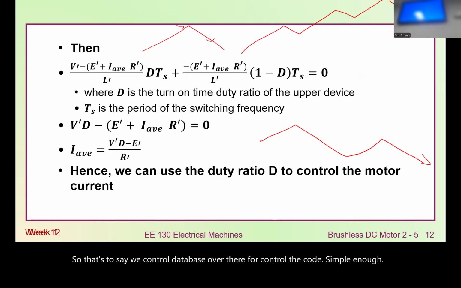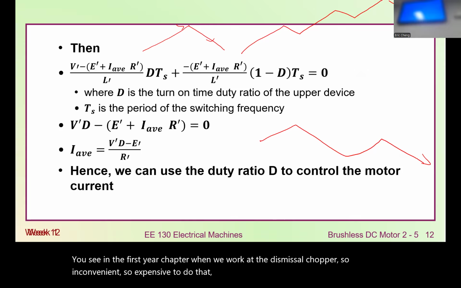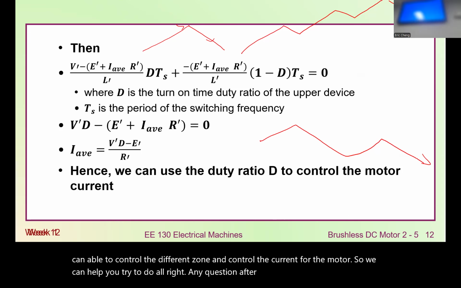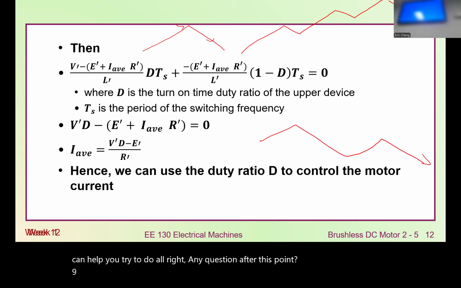You see in the first few chapters when we did the DC motor, we used the chopper, so inconvenient, so expensive to do that. But now we use this bridge inverter, so we are able to control the duty ratio and control current for the motor. So that's how we try to do. Any question up to this point? Good. I think now you like the motor. How we control this motor in this simple and beautiful manner.